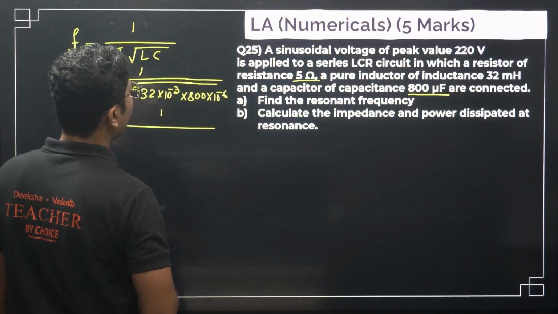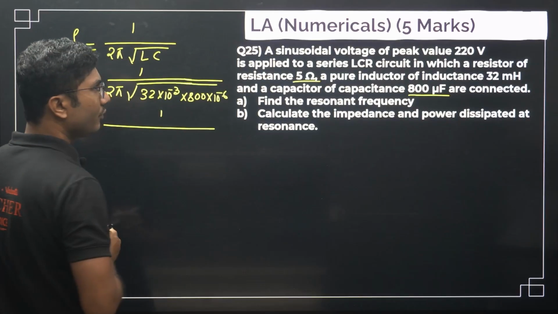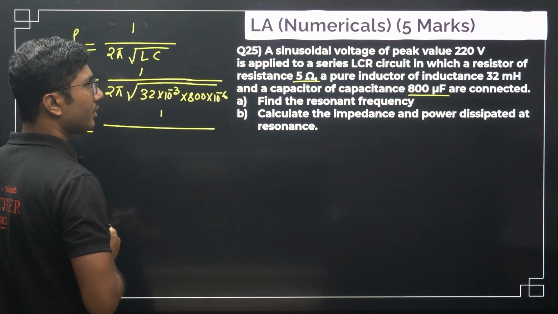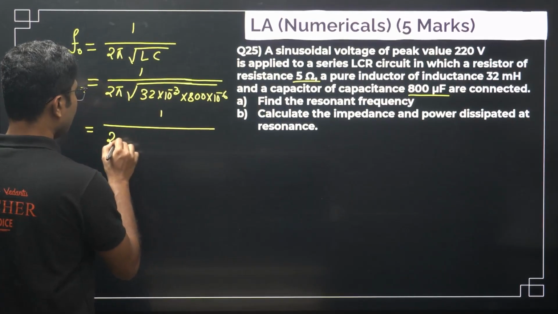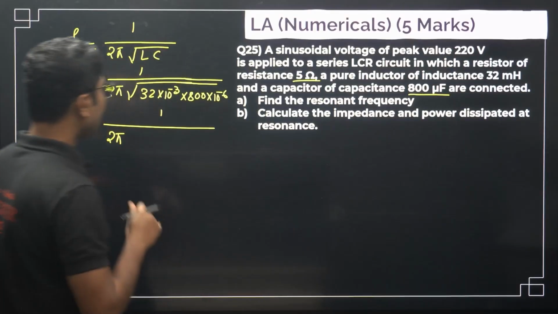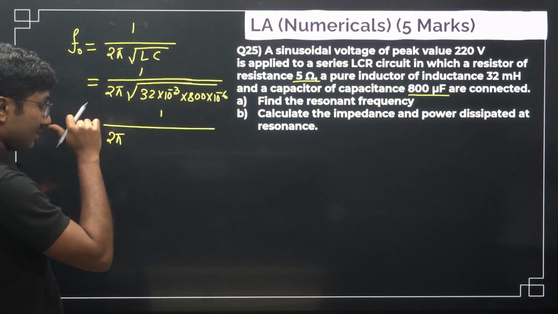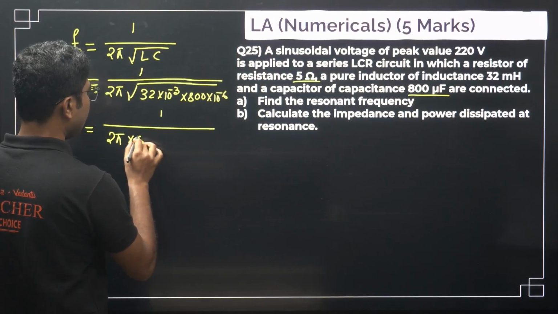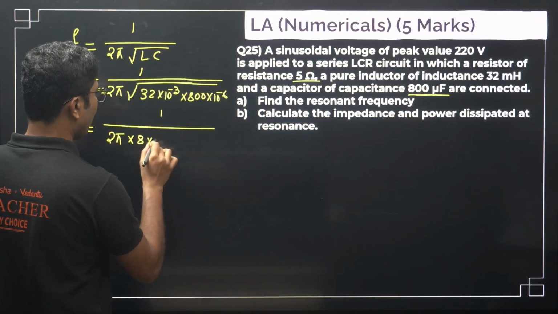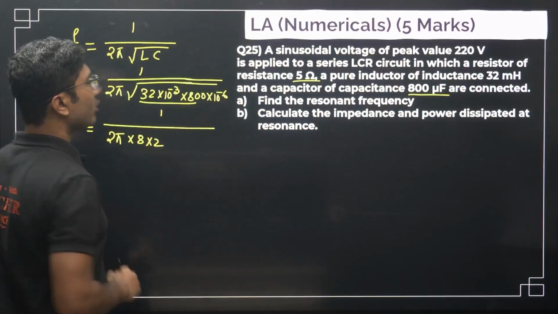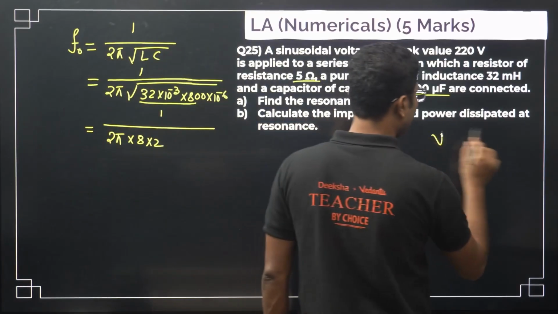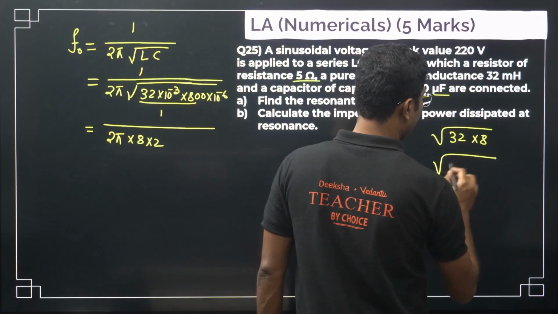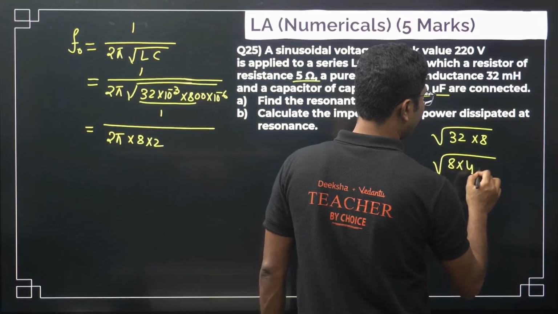So let me do this. 32 is 8 into 4, so square root of 32 into 8. 32 means 8 into 4 into 8.